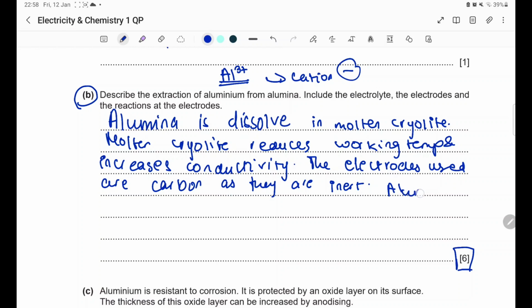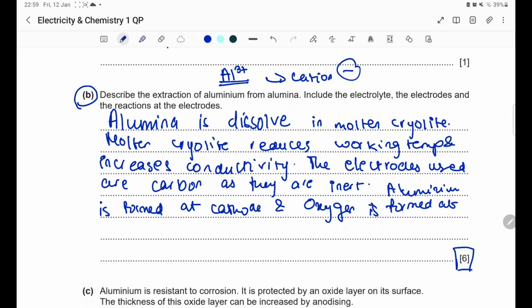So it's formed at cathode, and oxygen is formed at anode.